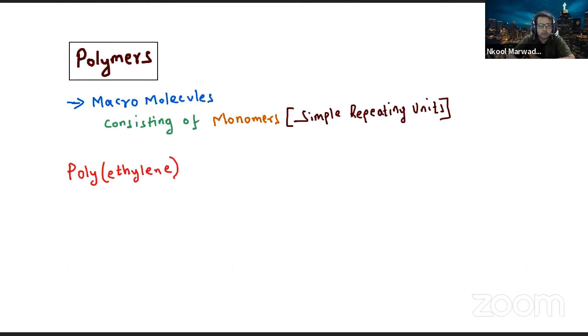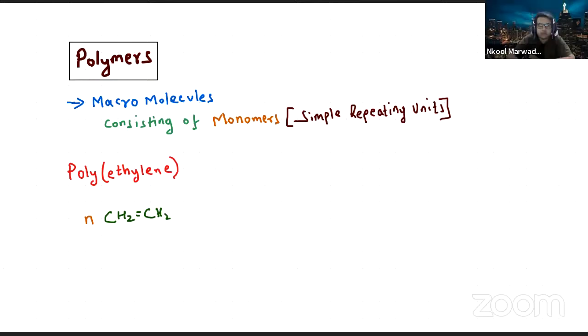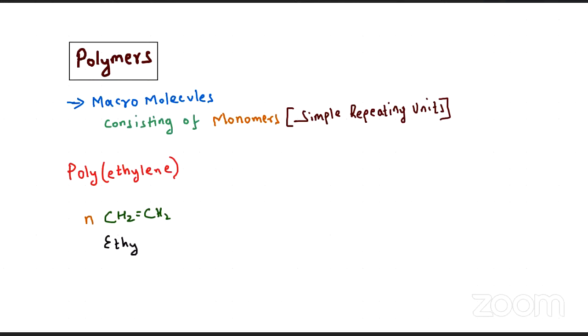And here, what is the monomer? In the polyethylene, the monomer is the ethylene. That is a double bond, CH2 double bond CH2. And we have n units of it. And these units will combine with each other. It's very difficult to break the bond. It is very hard. Just see polythene which we use in daily life. It is very strong.